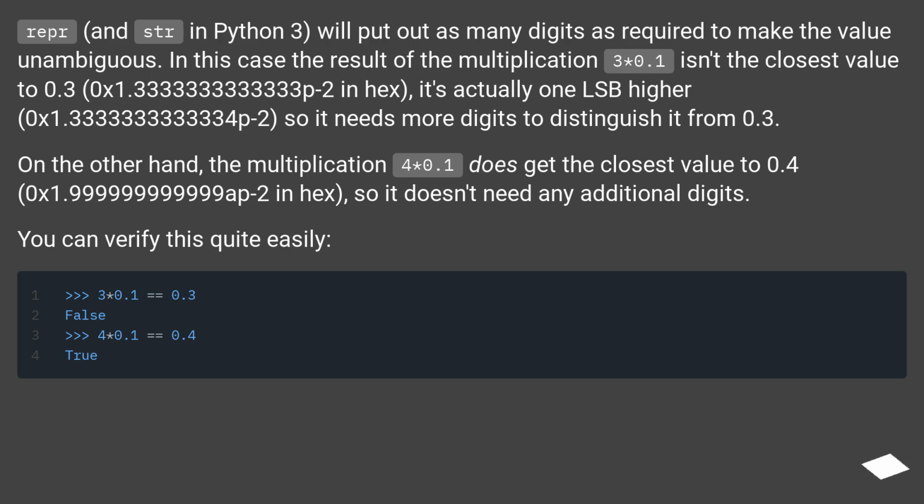On the other hand, the multiplication 4 times 0.1 does get the closest value to 0.4, 0x1.999999999999ap-2 in hex, so it doesn't need any additional digits.